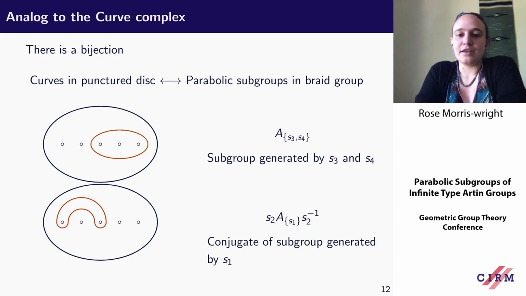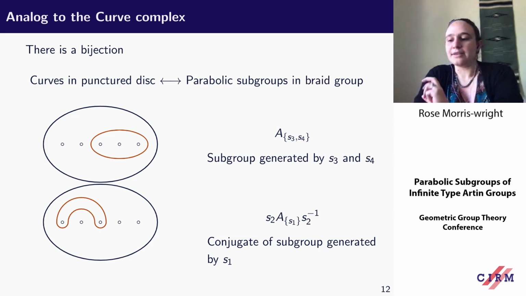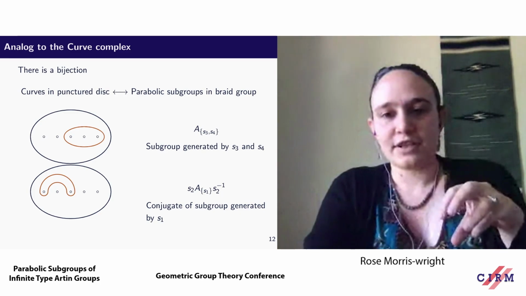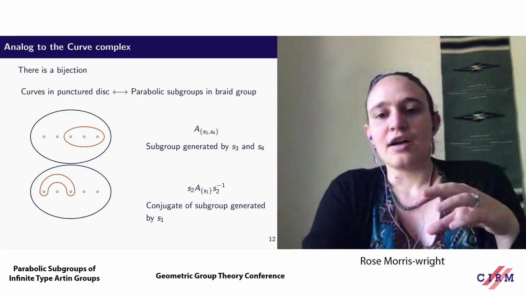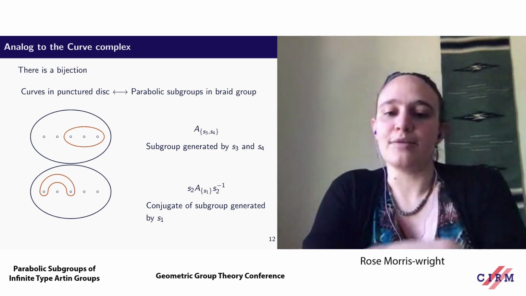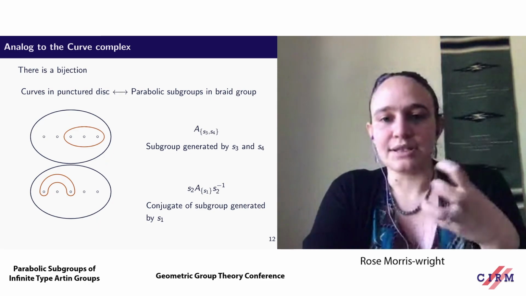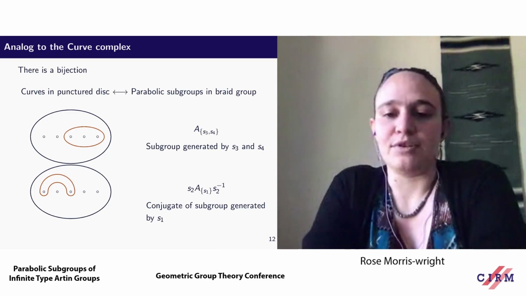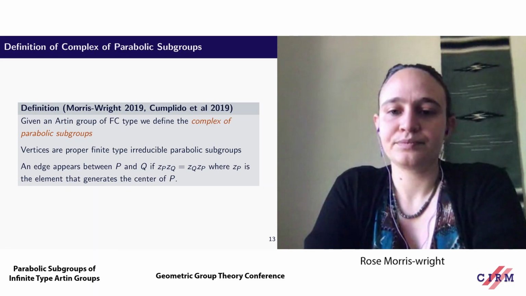The idea is really that in the same way that the curve complex is measuring some properties of subsurfaces that sit inside my surface, the new complex should somehow measure these parabolic subgroups, these little Artin groups that are sitting inside my Artin group, and figure out how they're interacting with each other.